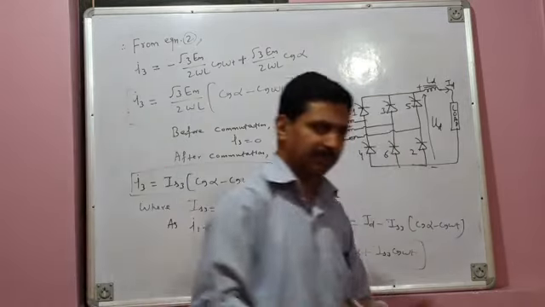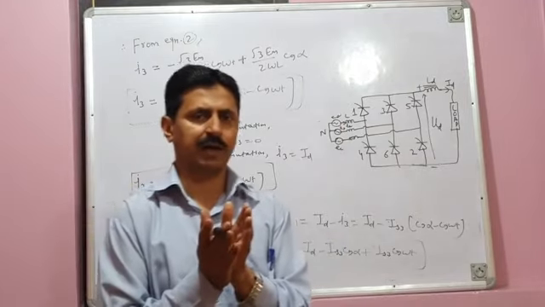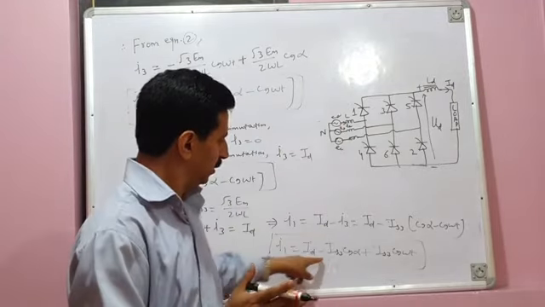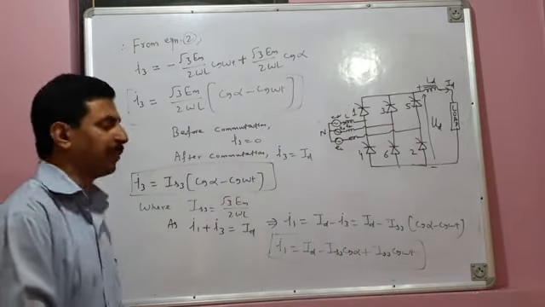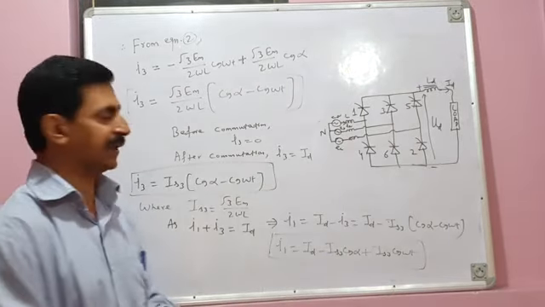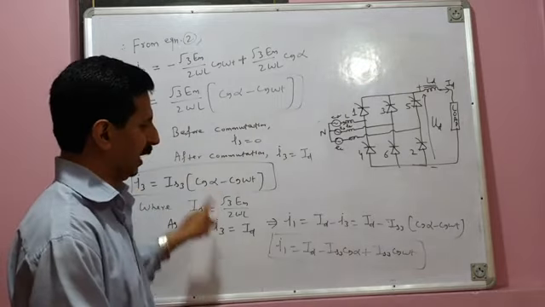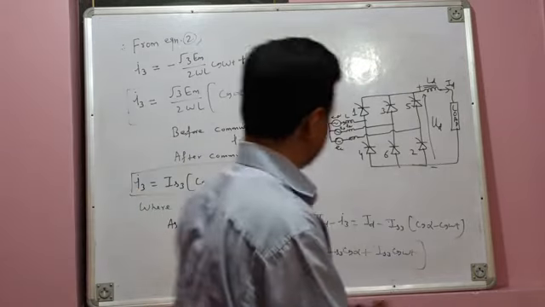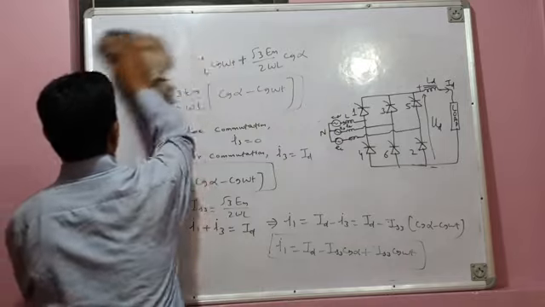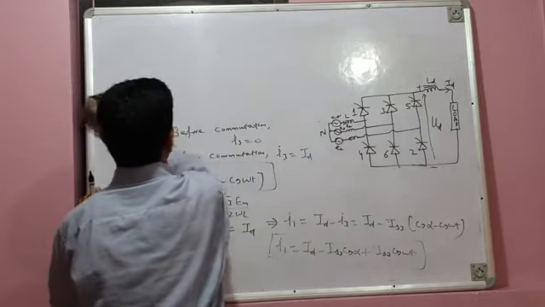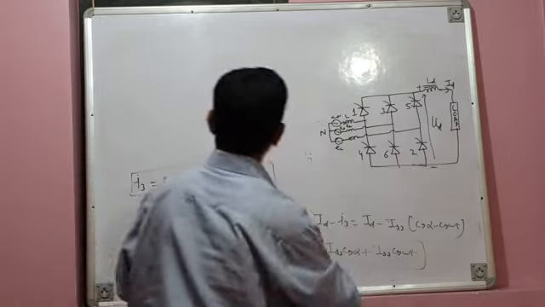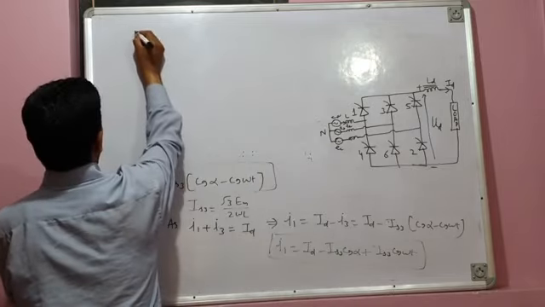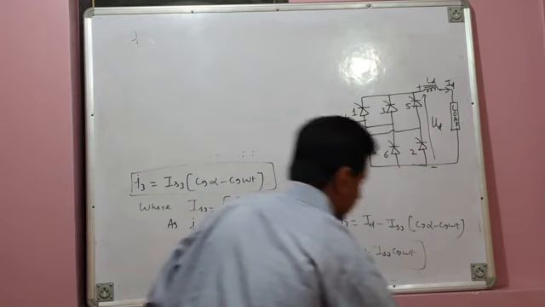Now I know the mathematical expression for current through valve 1, I1, during commutation overlap, and I also know the expression for current through valve 3, I3, during commutation overlap. I can now plot these. So let me first write it again. Excuse me, I will change the pen.